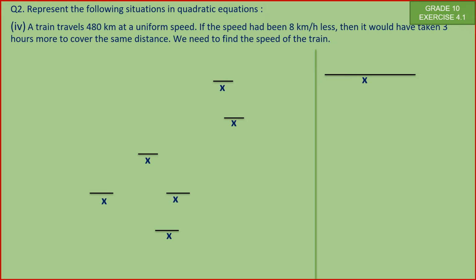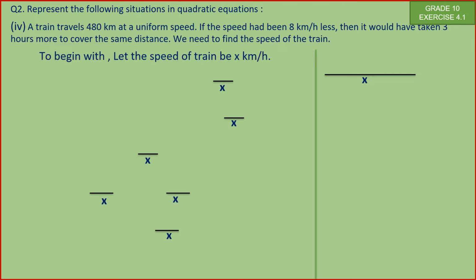So the train is traveling with a uniform speed, and it will take a specific time to cover 480 kilometers. Now if the speed is reduced by 8 km per hour, to cover the same distance, that is 480 kilometers, it will take 3 more hours.